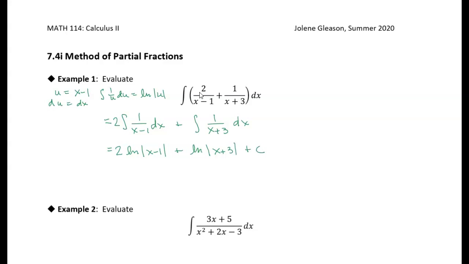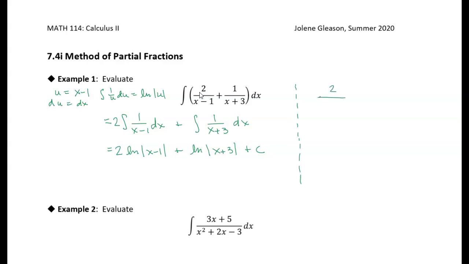But let's take a look at this next one. This next one looks a lot more complicated, but it's actually the same problem. You'll see that pretty easily if I take these two rational functions and combine them.